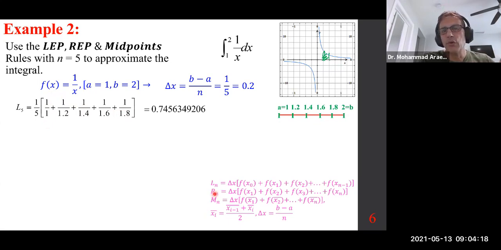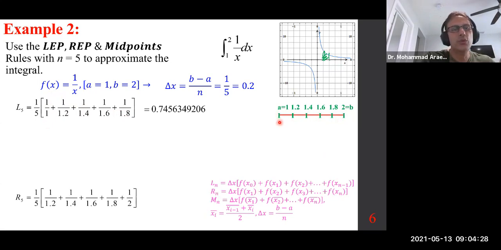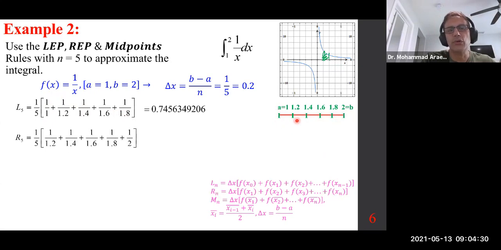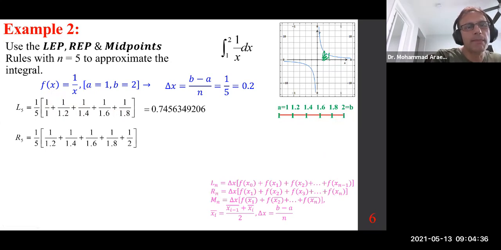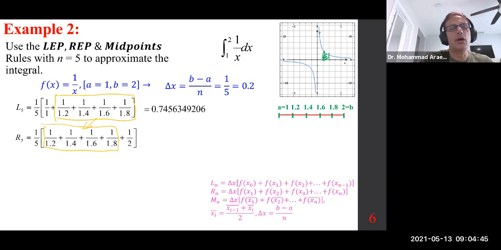For the right endpoints, again, go back to this line segment. Use all of those except the first one. Take a look. So we start with 1 over 1.2. By the way, notice when you do the calculation, these two are identical.